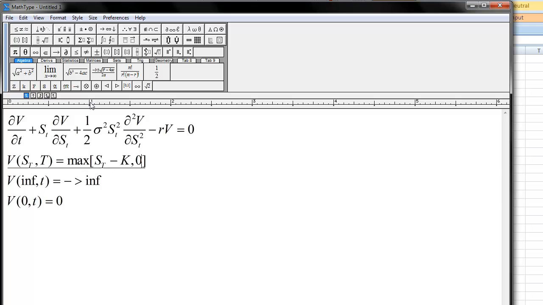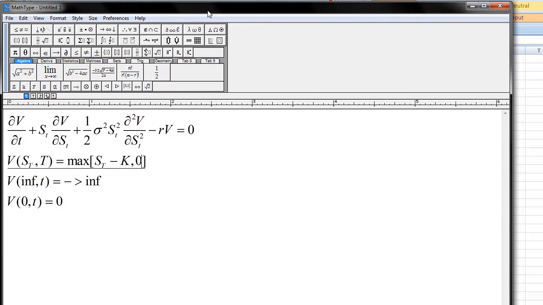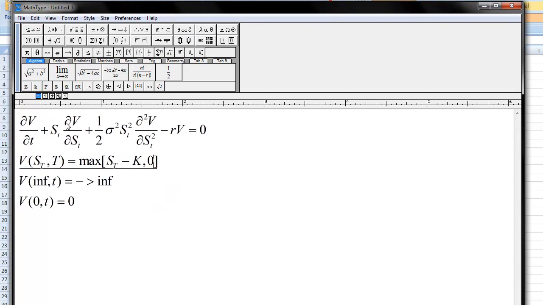So, having defined the partial differential equation, it remains to tell the software to solve it. We will have some parameters. We will just arbitrarily choose sigma, risk-free rate, time to maturity, and the spot price at time 0.